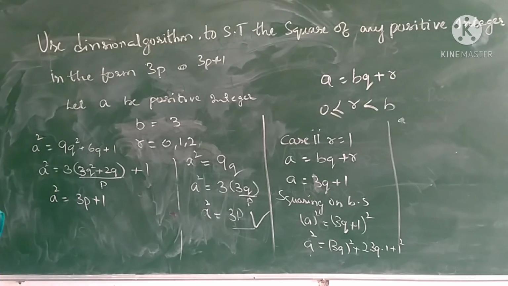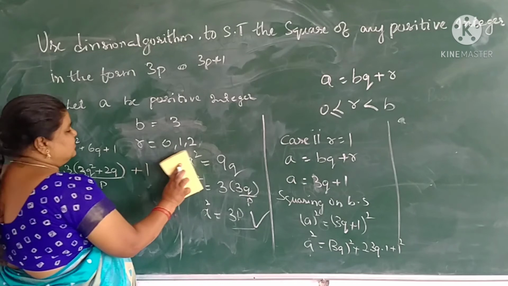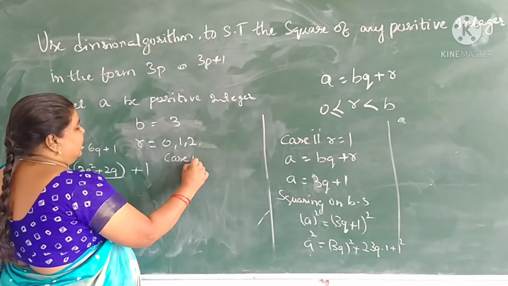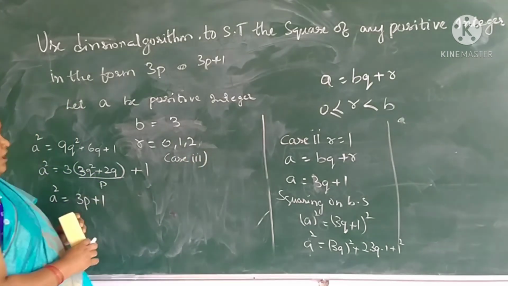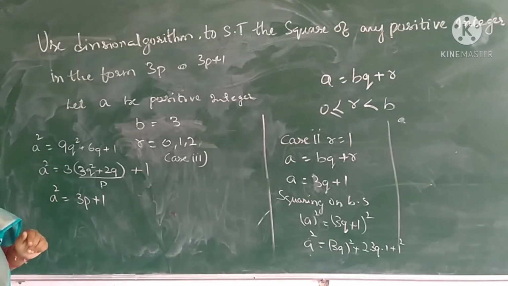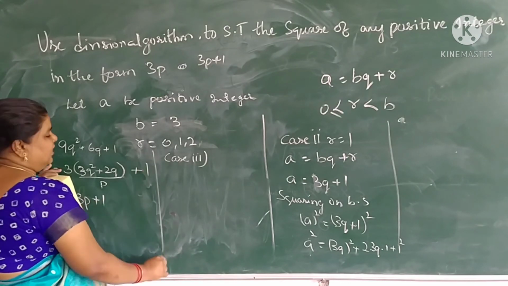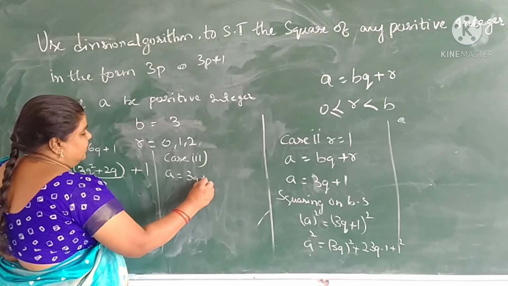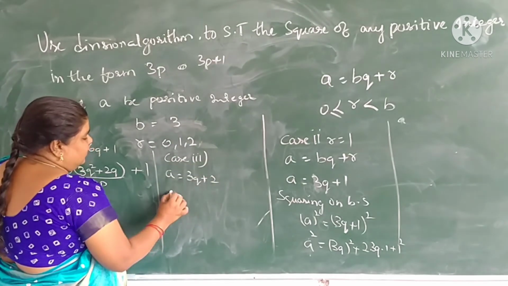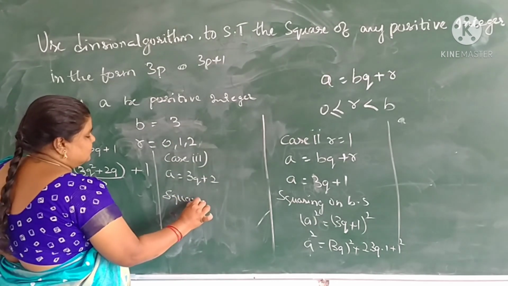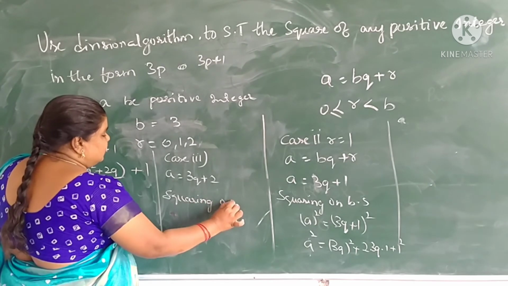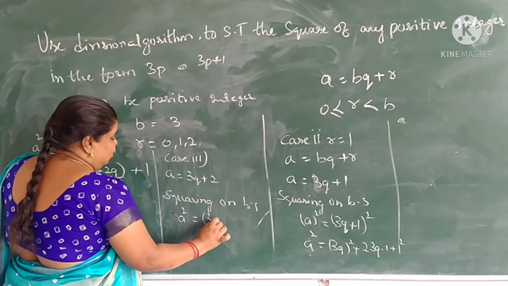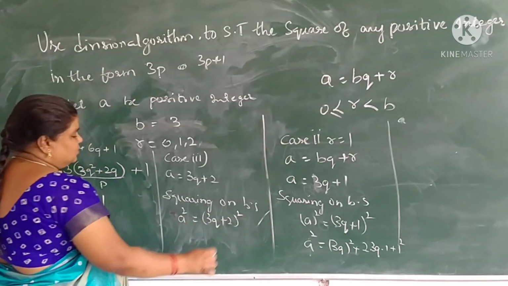Now, case 3: we have to check when r is equal to 3, that is, a is equal to 3q plus 2. We are going to take squaring on both sides. So we get a square is equal to (3q plus 2) whole square.